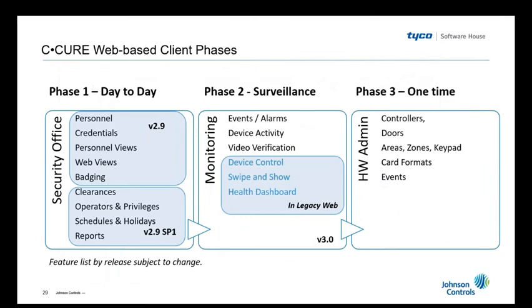Okay, and some of these features might toggle between the different revs. These aren't set in stone yet, but obviously, day one for 2.9, this is all the items that we just added and covered. 2.9 Service Pack 1, or I actually think this might be Service Pack 2, is going to be towards the end of the year or early January timeframe.